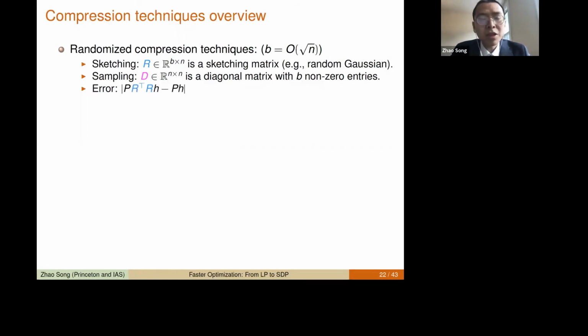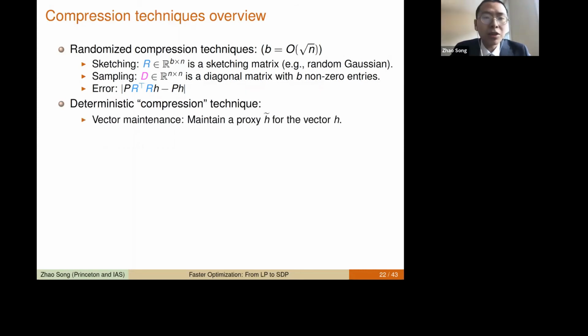Since the major computation we care about is P times H, the right way of doing sketching or sampling is to plug the sketching between P and H. For example, we put R transpose R inside the two terms. In order to make the algorithm work, we need to make sure that at every iteration, we can control this error. There are also some other deterministic compression techniques, which can maintain the H without just putting in the sketching.